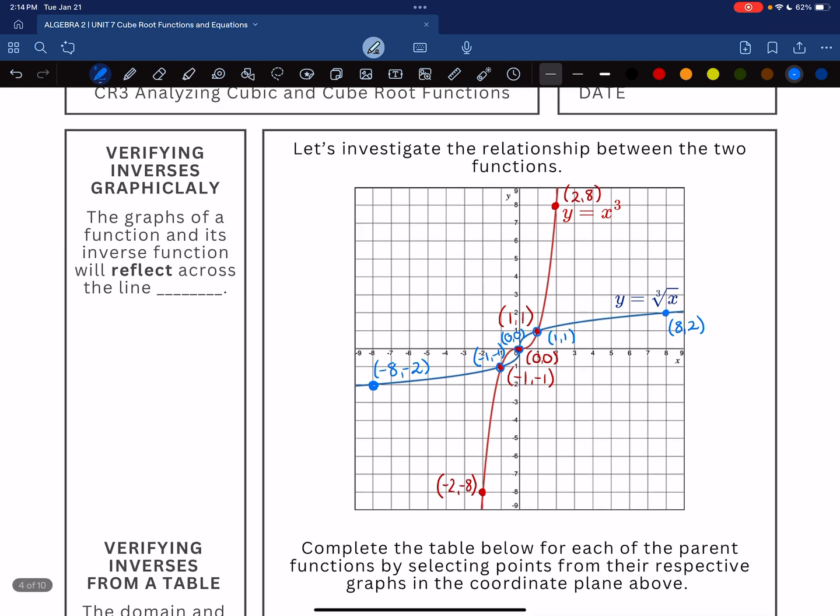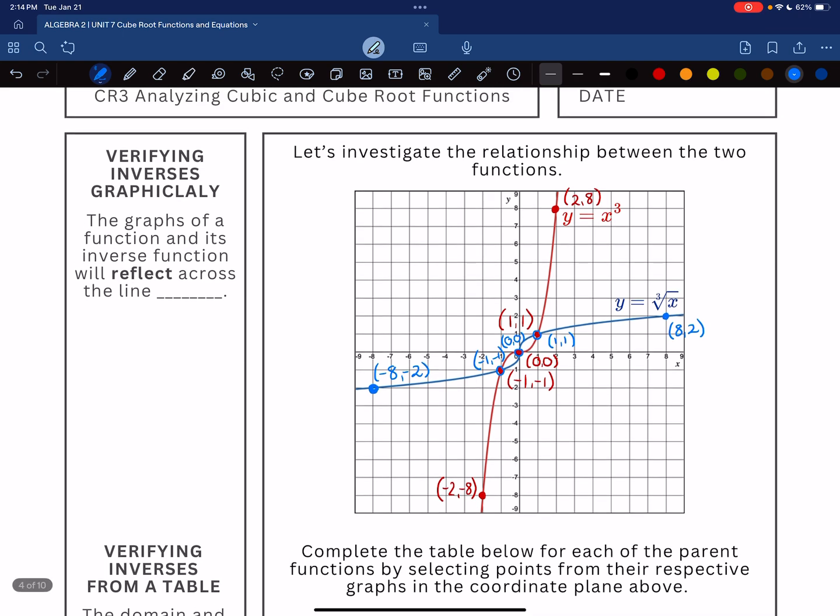Now, what is beautiful, what I want you guys to see here, not only that the points are switching, but what does that mean visually? Now, looking at the graphs together like this, it's really neat because of what's occurring here. Let me sketch this line in. This is the line y equals x.